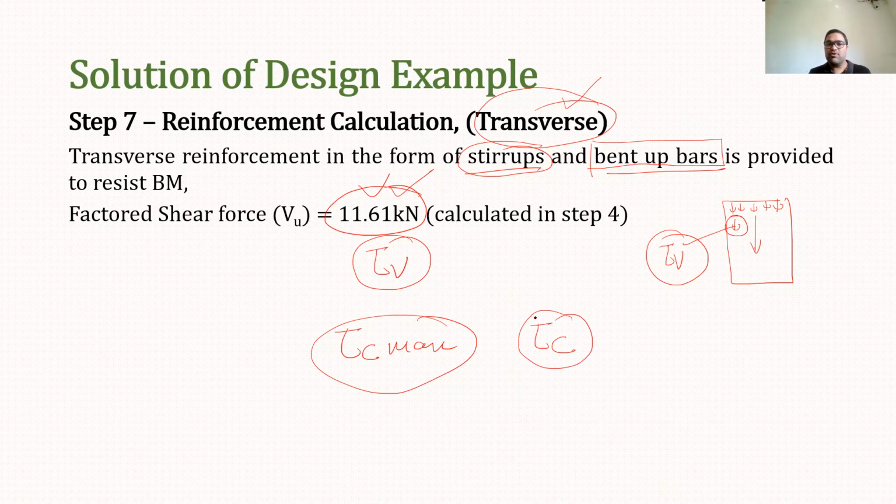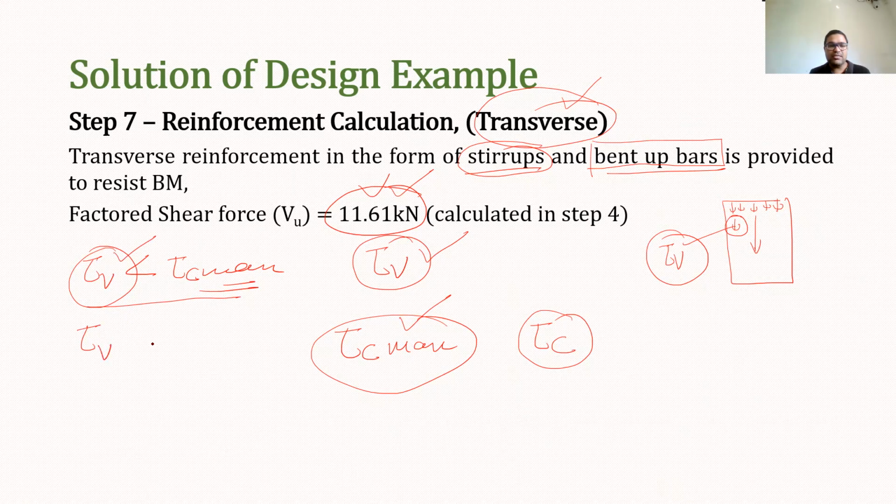So first of all, we will calculate the tau v value, and then we will compare tau v with tau c max. For the beam to be safe in this criterion, tau v should be less than tau c max. If, by chance, our tau v value is more than tau c max, then we have to increase the depth of the beam and redesign our problem. Similarly, when this condition is satisfied, we compare tau v with tau c.